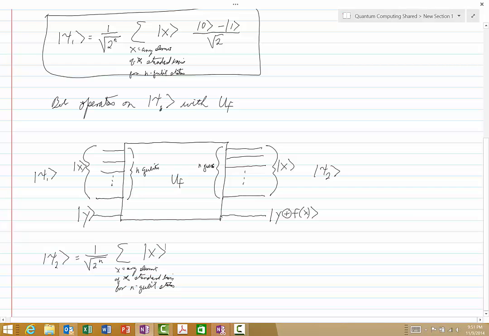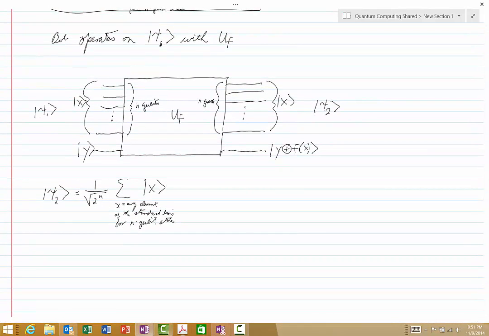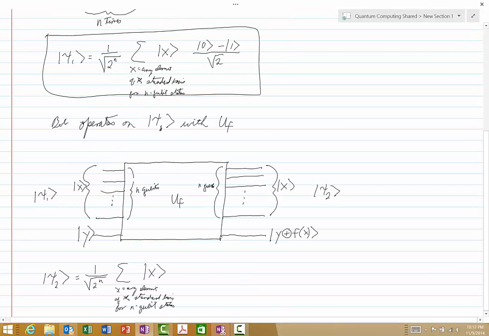And so now the question is, what do we get for this last qubit of C2? In order to figure out what this last qubit is, this y exclusive or f of x, let's reason as follows. Okay, and I'll work over here in the margin.